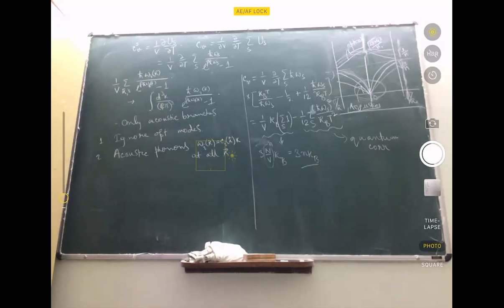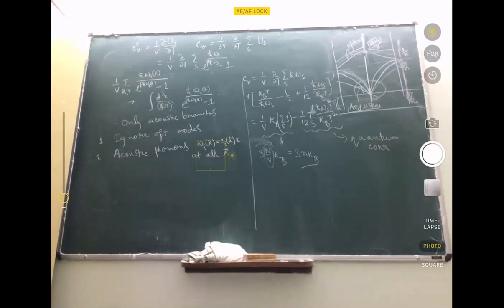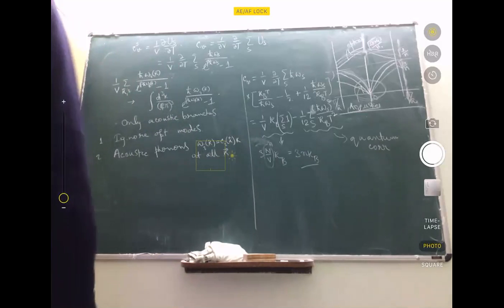This is the second significant approximation, that we take this linear form for all k, which is strictly valid as k goes to 0, but we take this to be the form at all k.